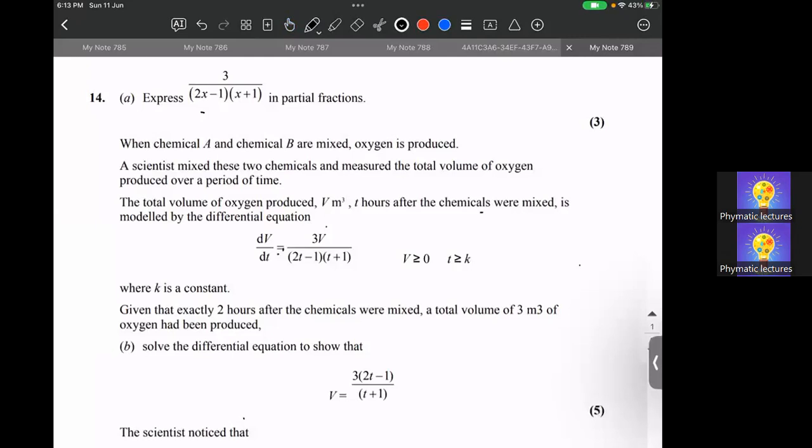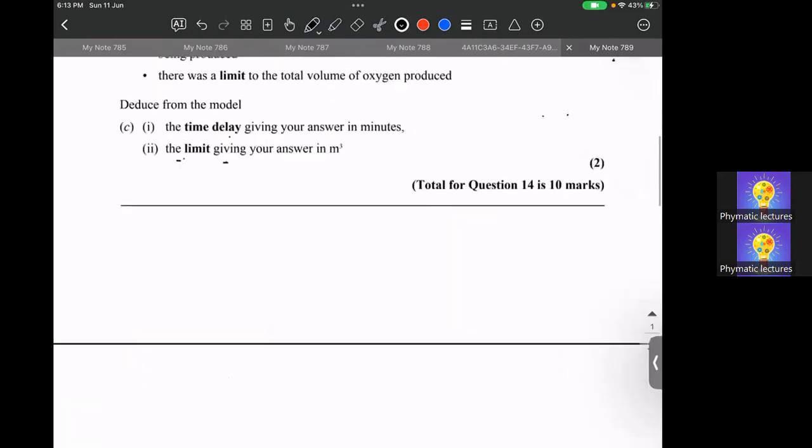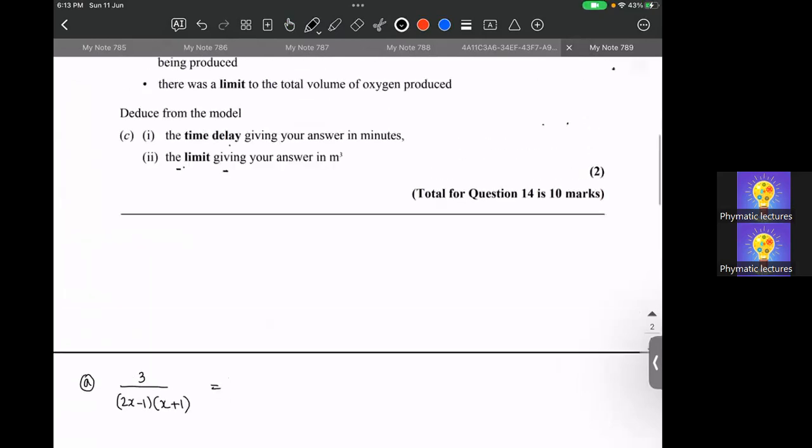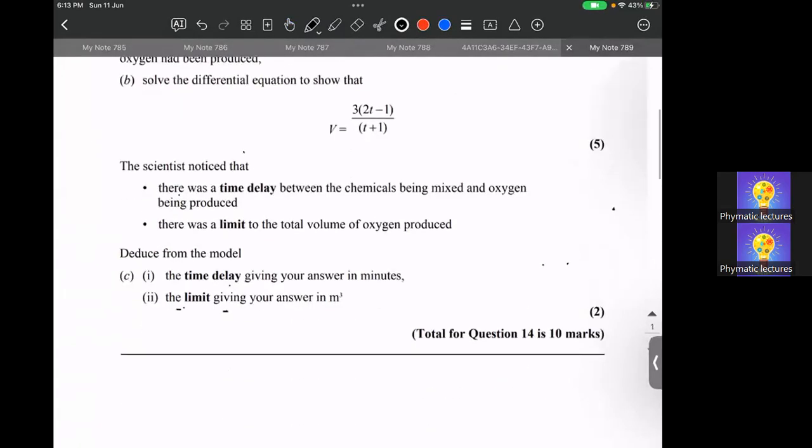Express this fraction in partial fraction form. So that is the first question. I'll just note down this question here: express 3 over (2x minus 1)(x plus 1) in partial fraction form.